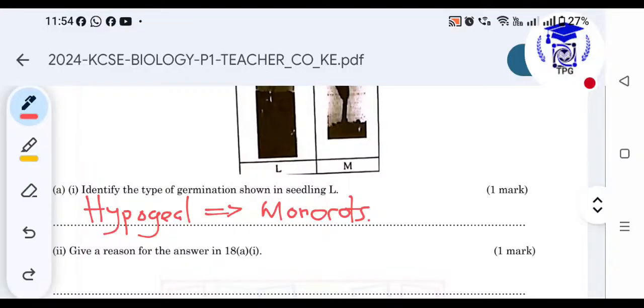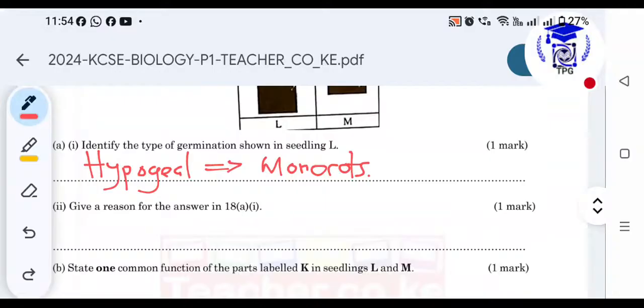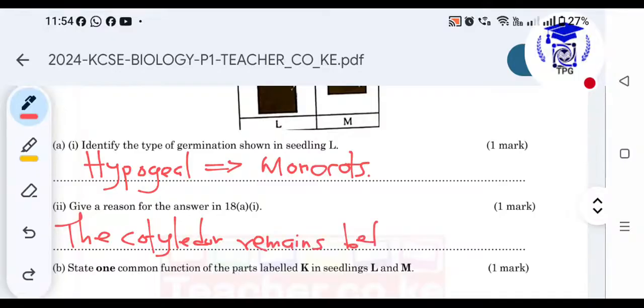The reason is because the cotyledon remains below the soil surface.